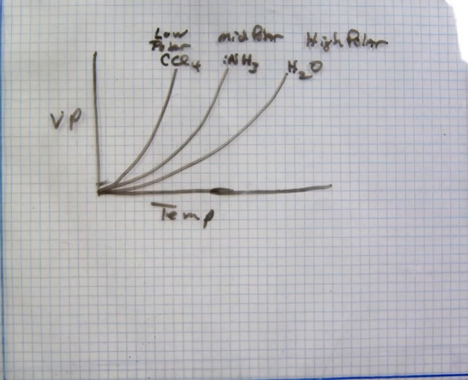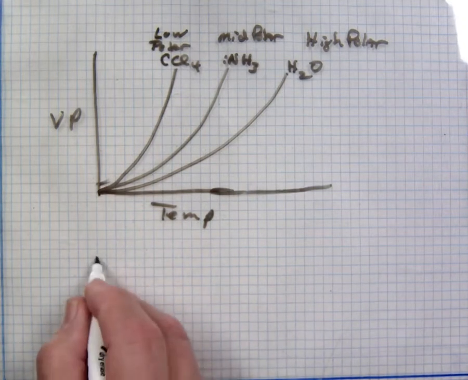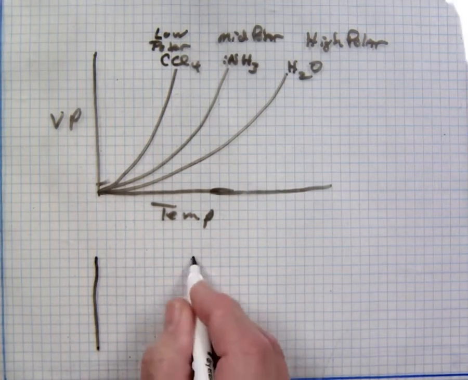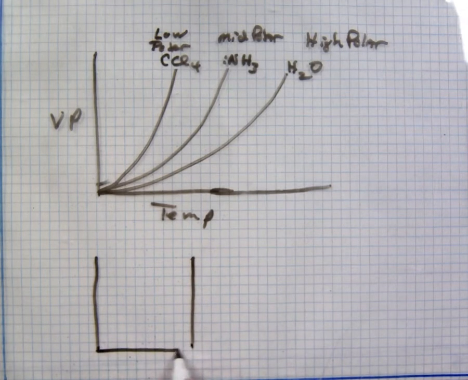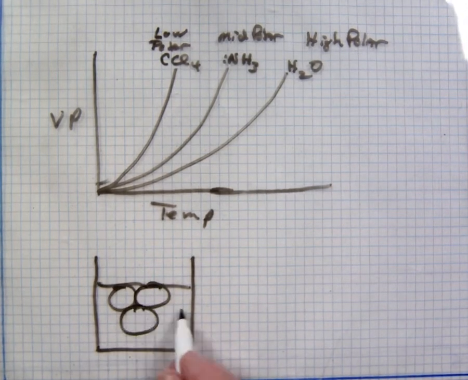What this means is, the more interaction the particles have, the harder it is to increase the vapor pressure. For example, let's say a couple of particles inside here.